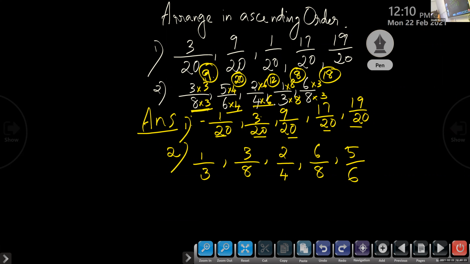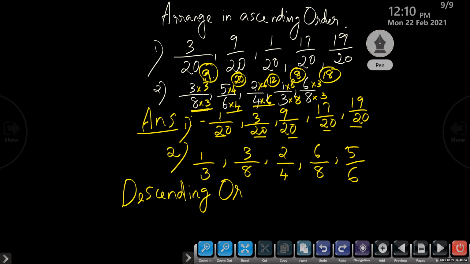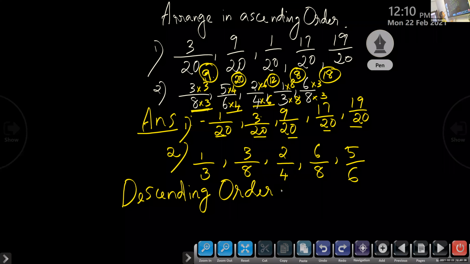Here is ascending order. Now children, write the same question in descending order. Now we have the answer with us. So descending means what? Write from big to small, so we can write the opposite.